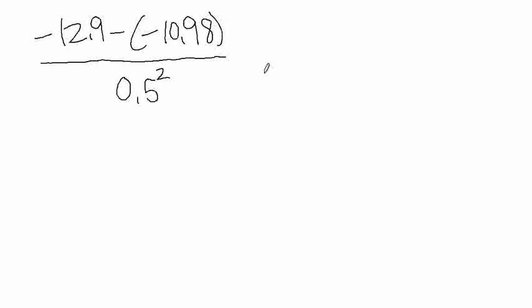Okay, minus 12.9 minus negative 10.98 all over 0.5 squared. So the order of operations dictates that we have to do 0.5 squared first. And so let's go ahead and do that. 0.5 times 0.5.